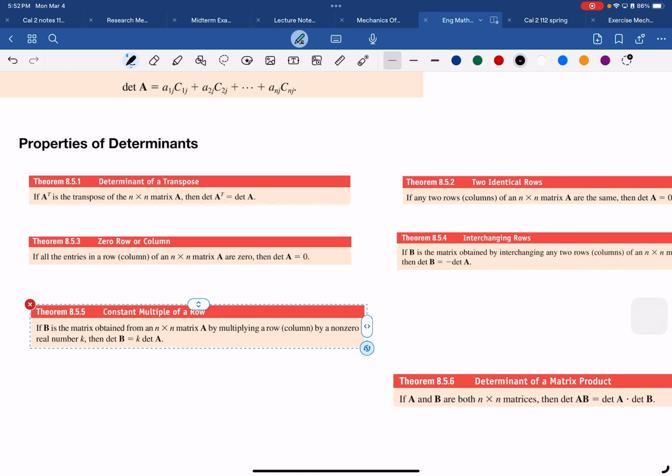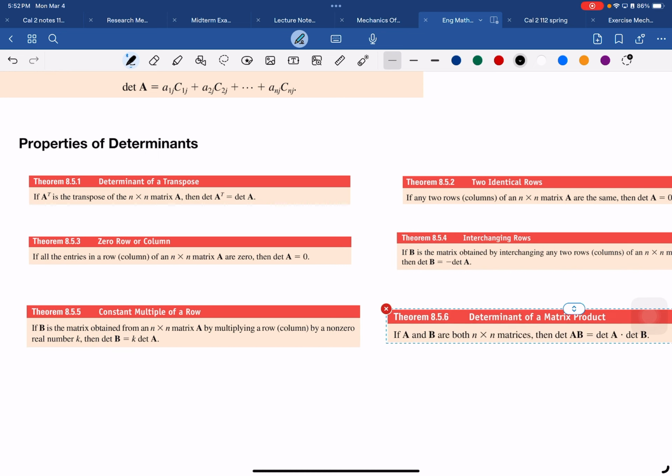But what you need to know is every time we deal with the determinant of a matrix, if we transpose the matrix, the determinant will be the same. Okay? And then if all the entries in a row are 0, then the determinant will be 0. I think it is understandable because all the coefficients that multiply the determinant will be 0, the same as in the previous example.